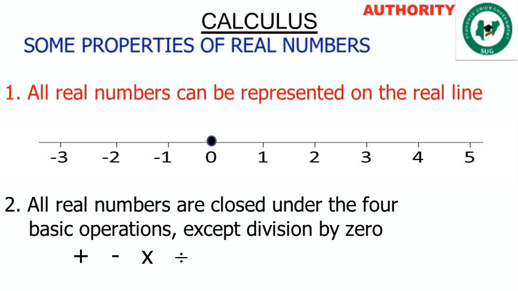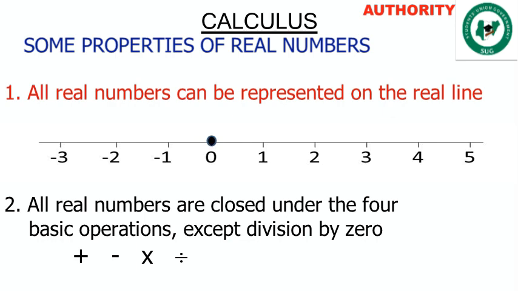Yes, your result is also a real number. Your result can also be found on the number line. That is what it's talking about, except division by 0.